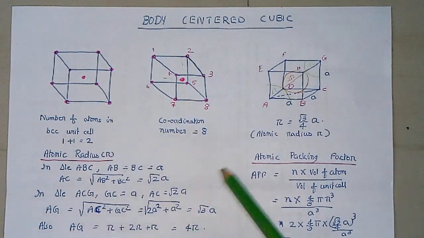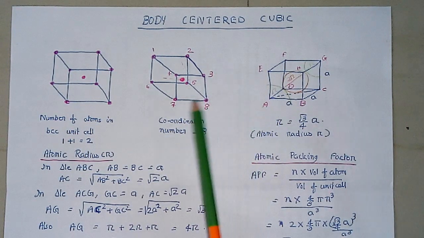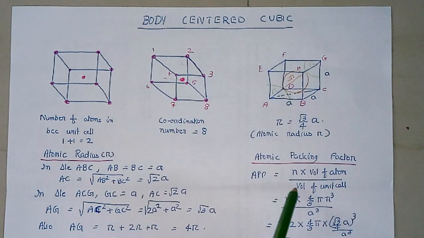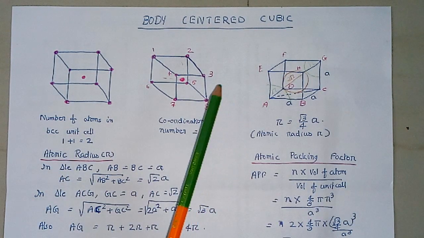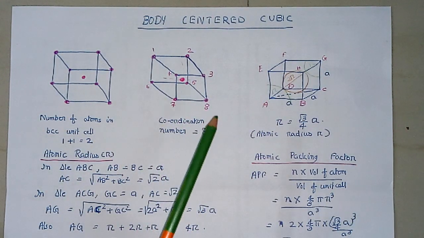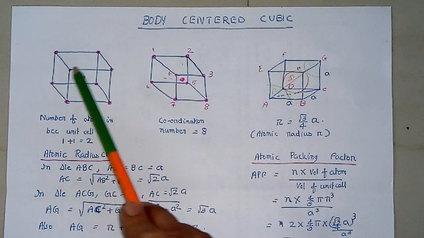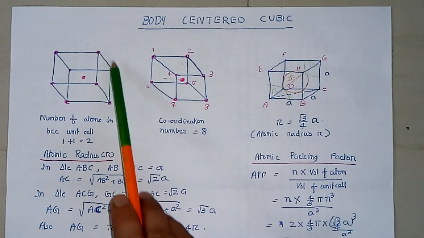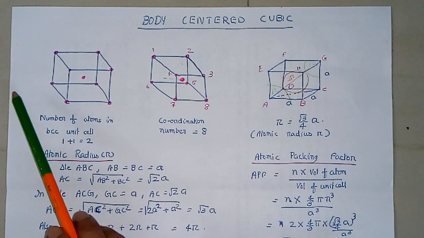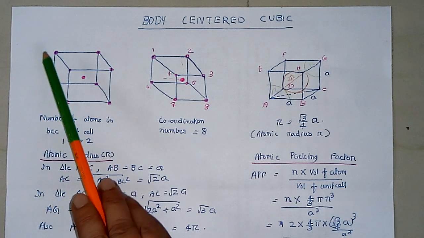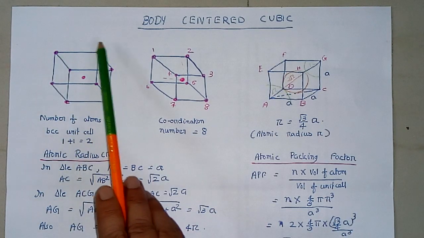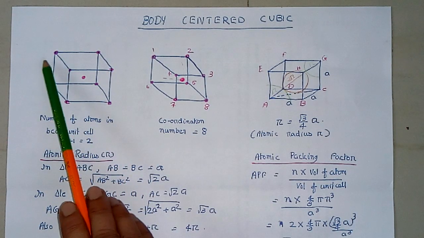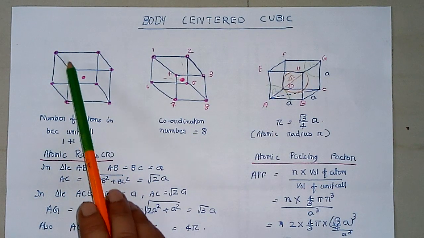Now let us consider the second type of cubic structure, that is the body centered cubic, which is known as BCC. And for this BCC, what does body centered imply? As we discussed in the simple cubic, atoms are also lying in the corners. 8 atoms are lying in the corners, and the atomic contribution of each corner is 1 by 8.